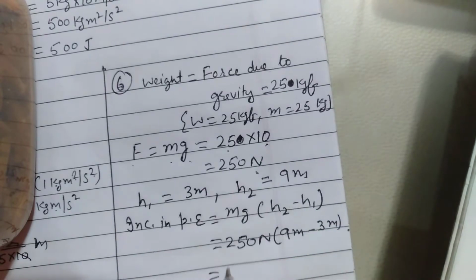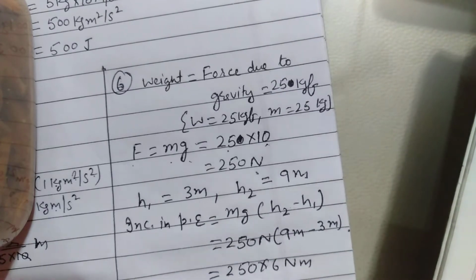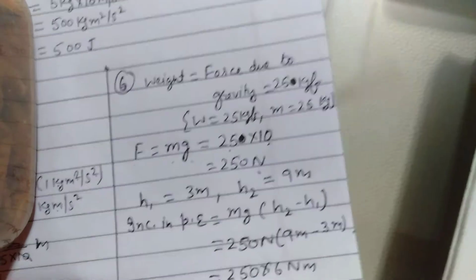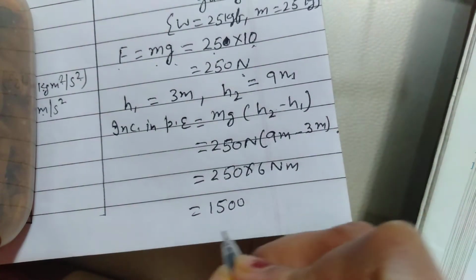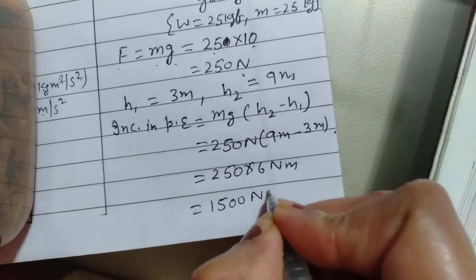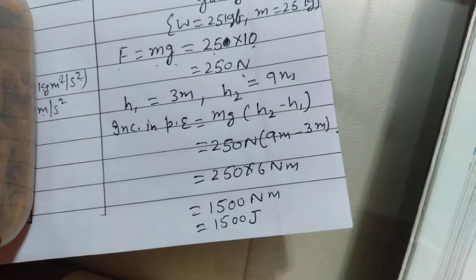When we calculate 250 into 6 Newton meter, that is 1500 Newton meter, which we can write as 1500 joule.